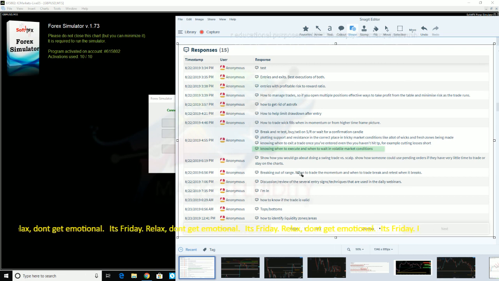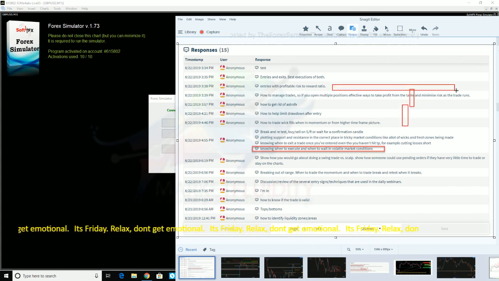Break out of range. When to trade momentum. When to trade break and retest. Momentum and break and retest are all the same, because without momentum there's going to be no break and retest. If price is going to break up, let's say we have resistance here, and then some sort of bearish candle, and then a bullish candle that breaks up.